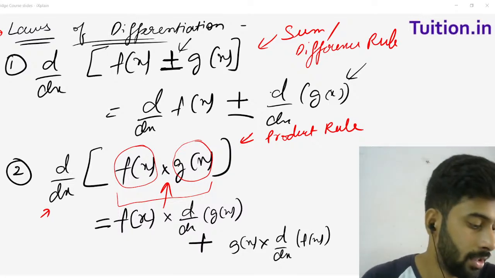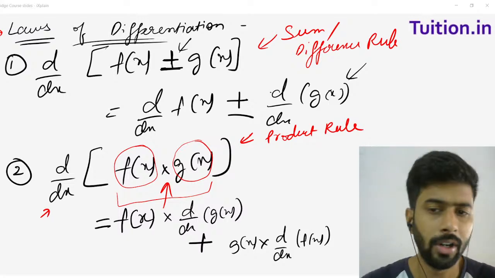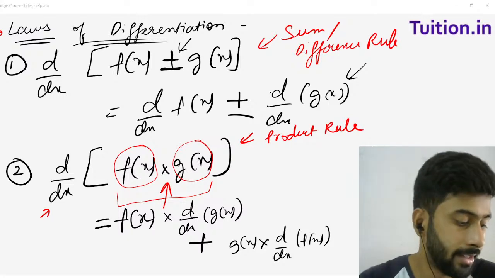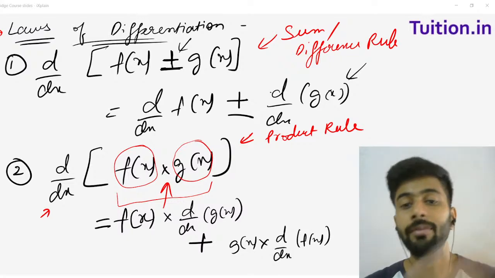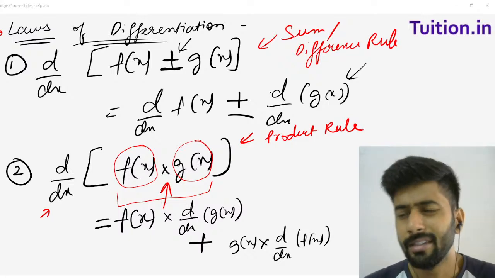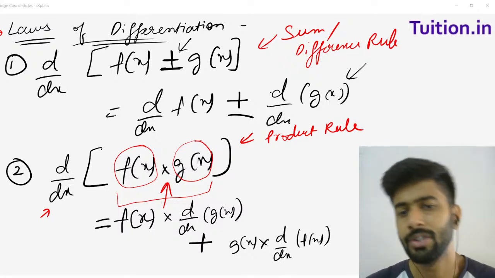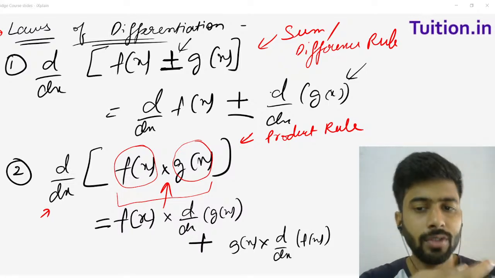Add these two. Again, don't go into thinking how these laws have come. You will not understand these laws at this point of time. There is intense mathematical research that has gone into coming up with these formulae or these laws. Once you understand the basic essence of differentiation, you can probably derive those formulae also.